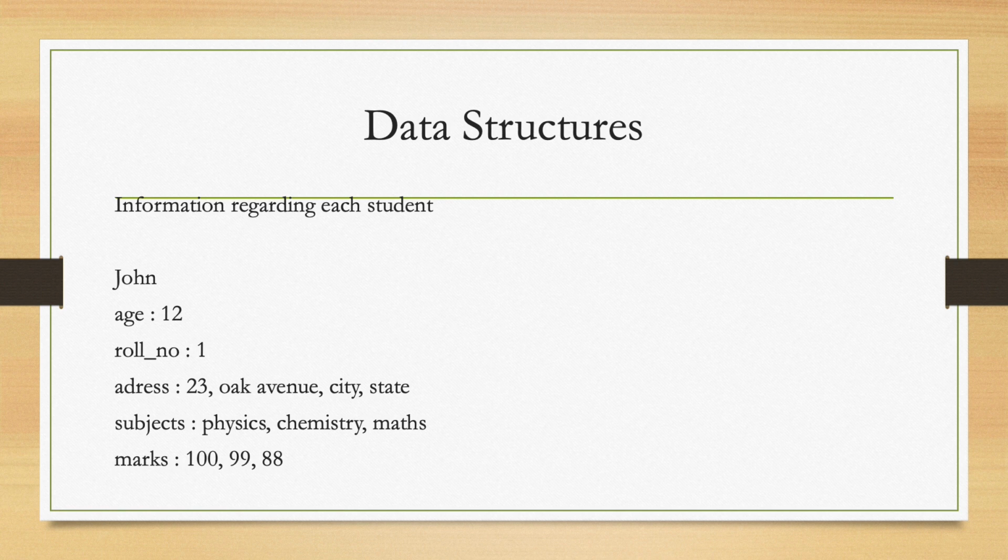Another important categorization of the way we would store information is related to an object. For example, if you want to know the different characteristics or attributes of one student, we might want to put all of them together instead of writing John's age, John's roll number, John's address, etc. The moment we talk about one student, all of this information we should be able to retrieve together.